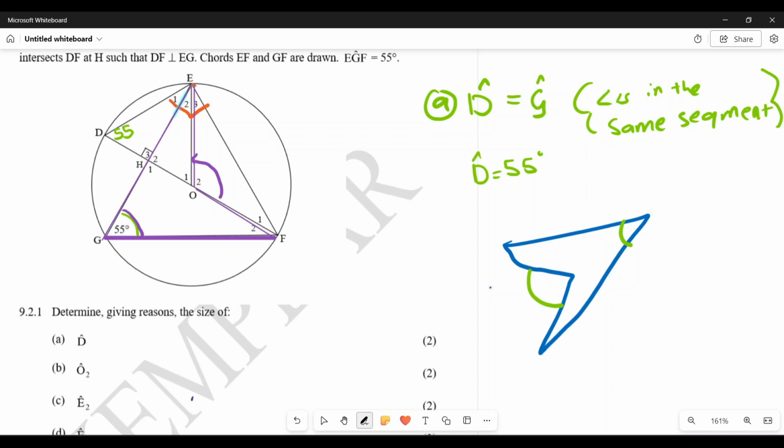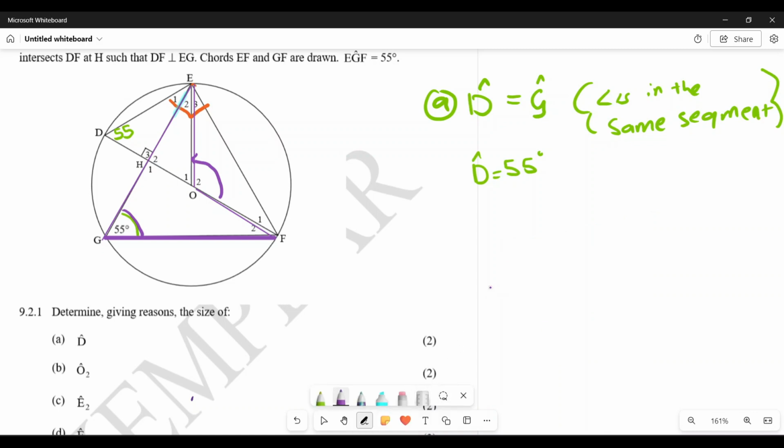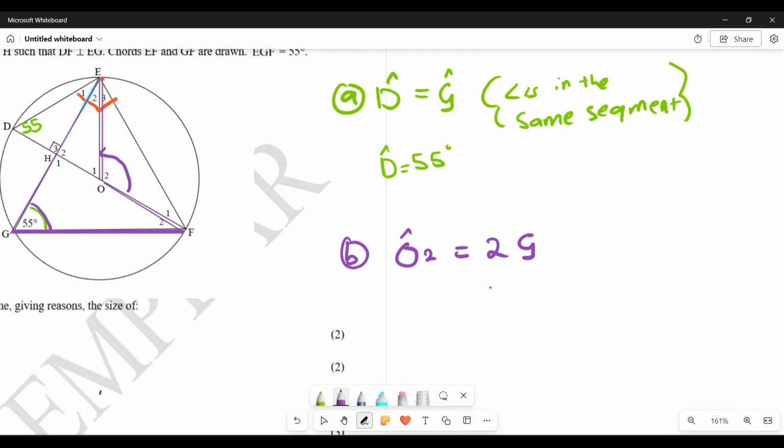So to answer this question, angle O2 is going to be 2 multiplied by angle G. And why is that? Angle at center is twice the angle at circumference.